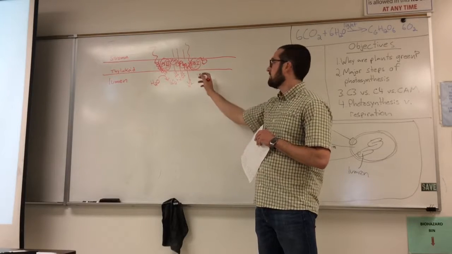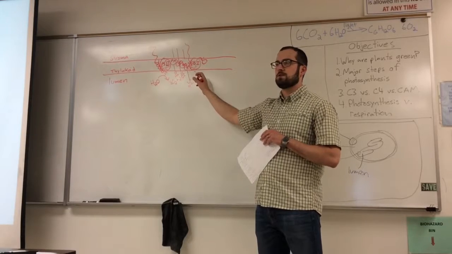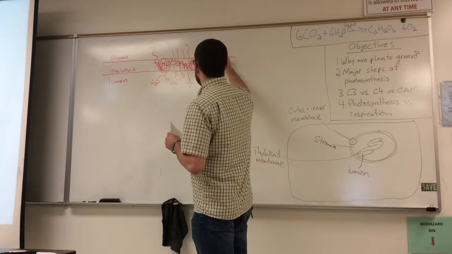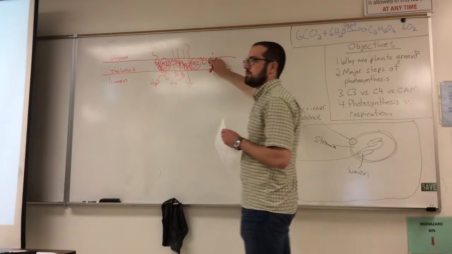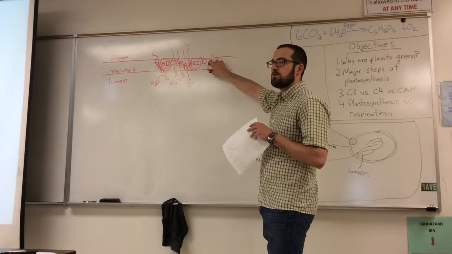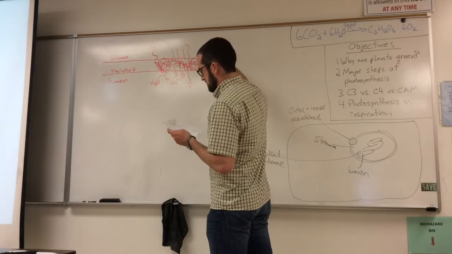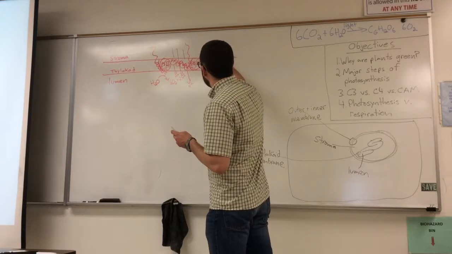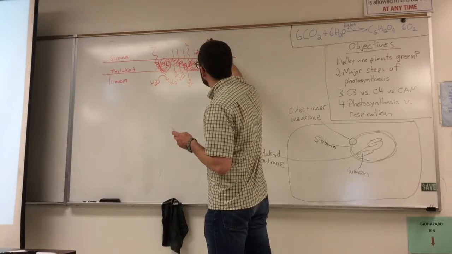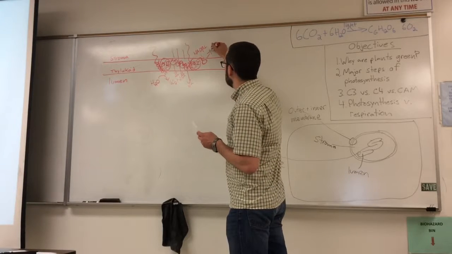And that electron that we've now gotten rid of here will be replaced by the one that came from the electron transport chain. And now our last step here is to pass the electron off to a final electron acceptor. And in this case, it will be NADP. And we'll convert NADP plus to NADPH.